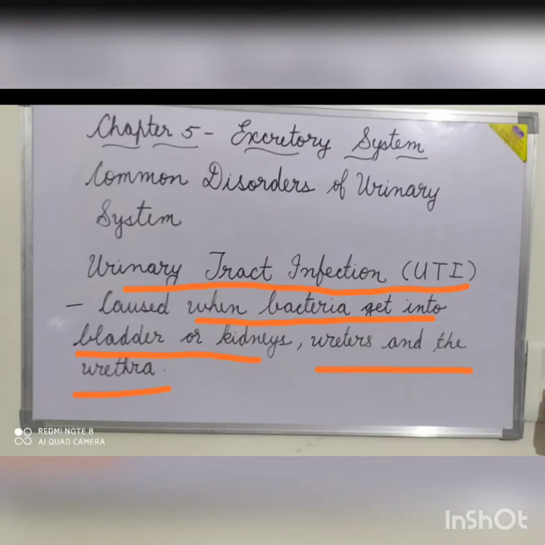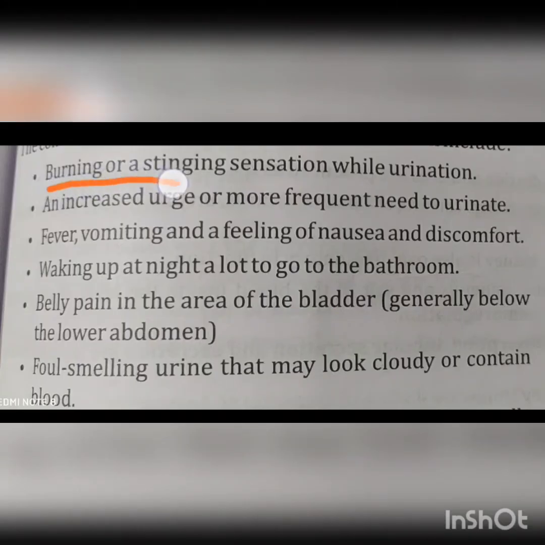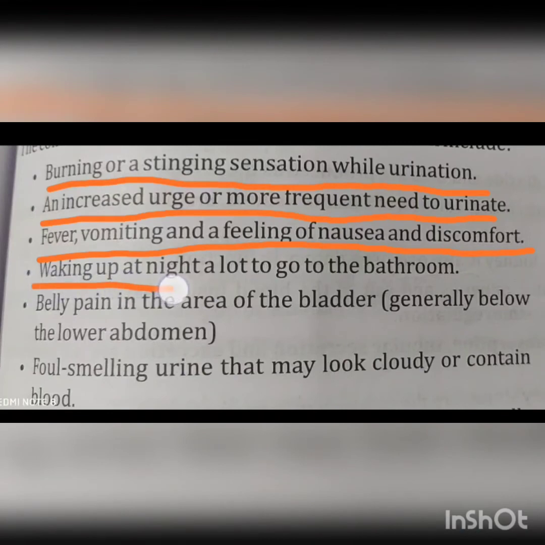The common symptoms of urinary tract infection are a burning or stinging sensation while urinating, an increased urge or more frequent need to urinate, fever, vomiting, a feeling of nausea and discomfort, waking up a lot at night to go to the bathroom, belly pain in the area of the urinary bladder, and foul smelling urine that may look cloudy or contain blood.